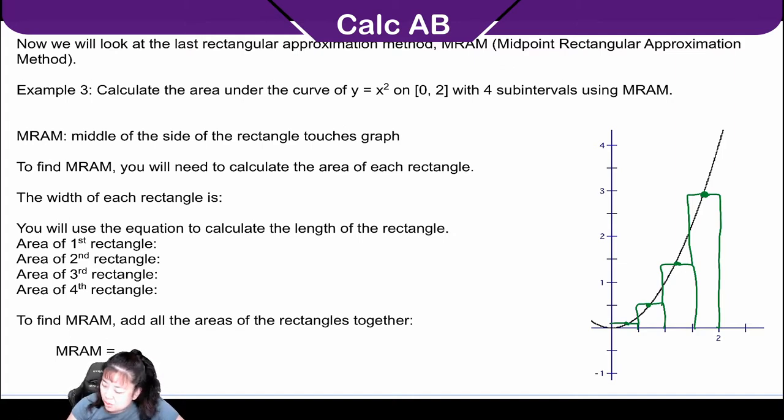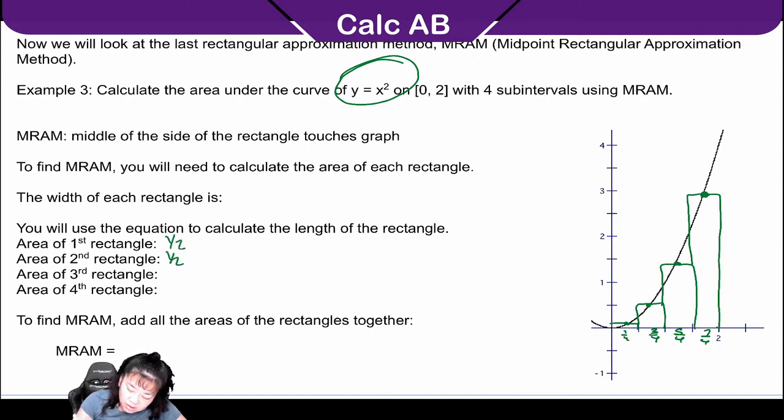Okay, so that means that my 1/4 and my 3/4 and my 5/4 and my 7/4 is actually what's going to go into my equation to figure out what my height is. So my bases are all still 1/2, but now it's 1/4 squared and 3/4 squared and 5/4 squared and 7/4 squared.